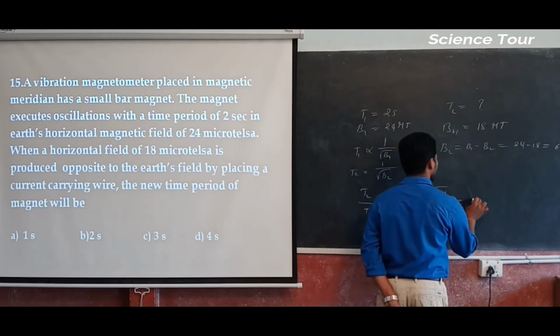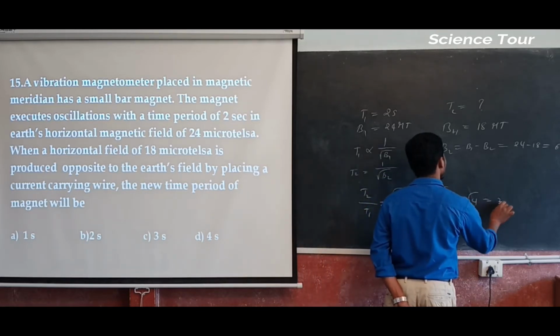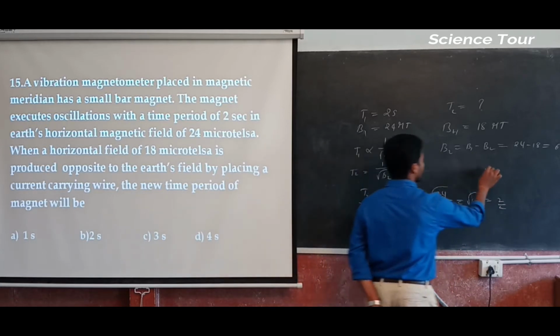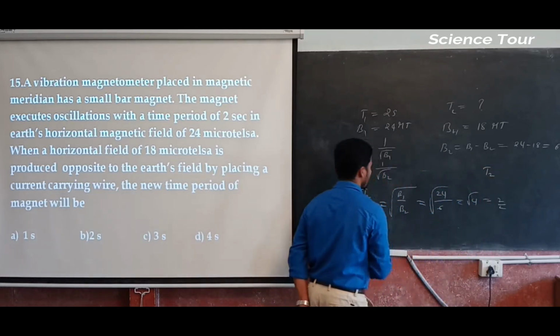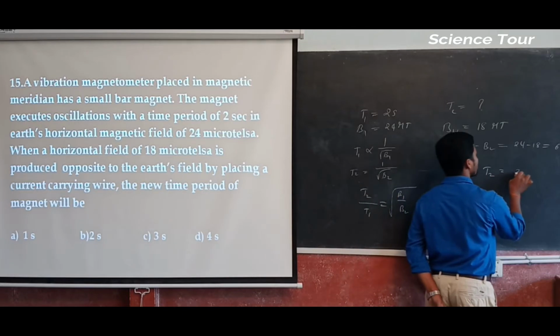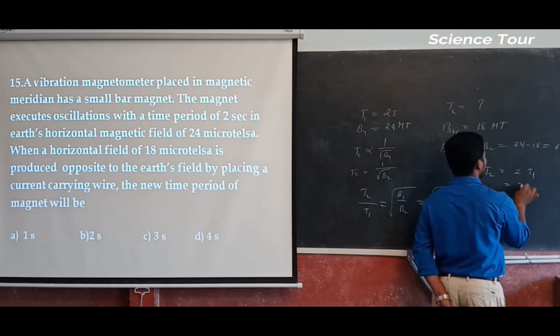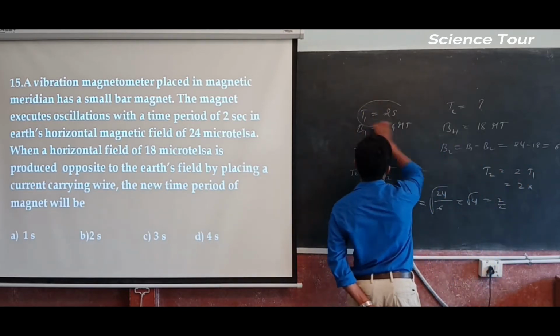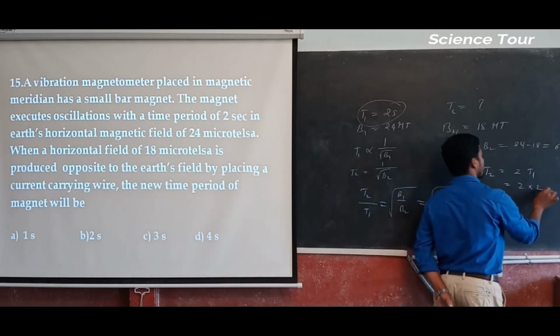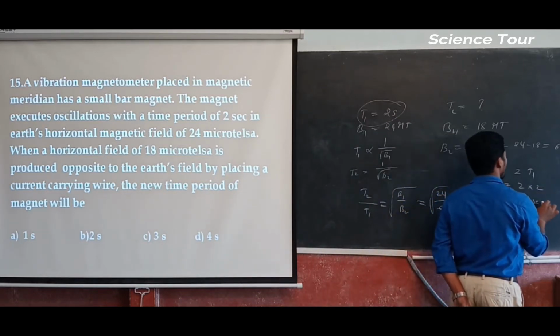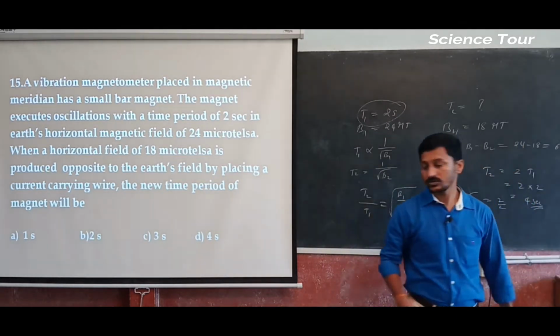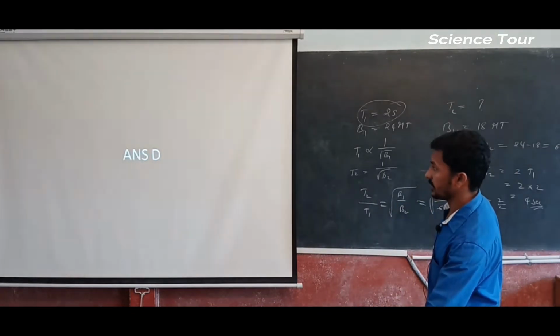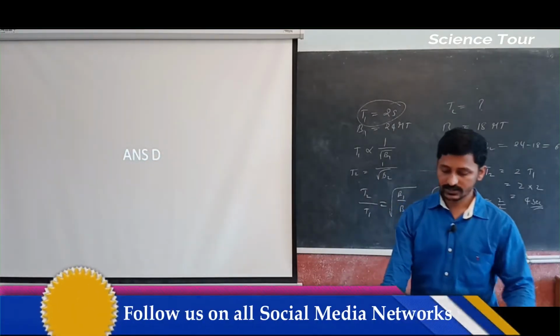So 24 by 6 is 4, and the square root is 2. So I can say that T2 is equal to 2 times T1, but T1 is how much? 2 seconds, they have given already, right? So T2 is equal to 4 seconds. So the answer will be D. Okay, this is the thing.